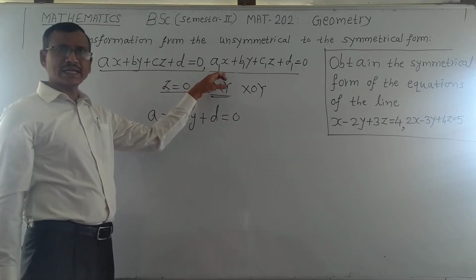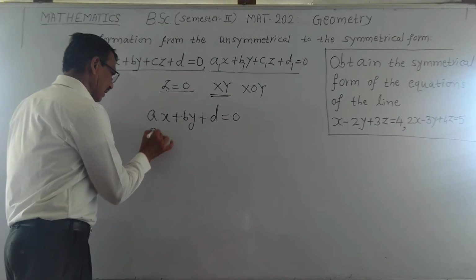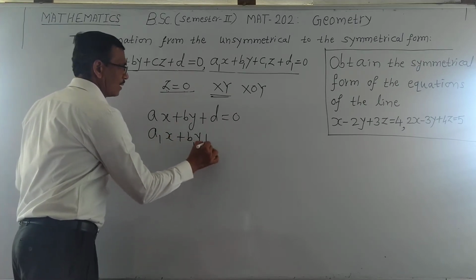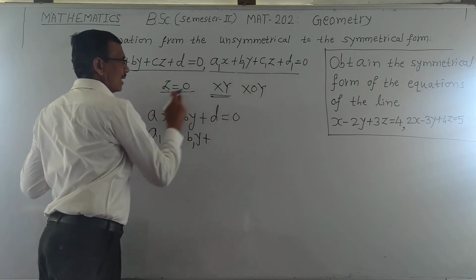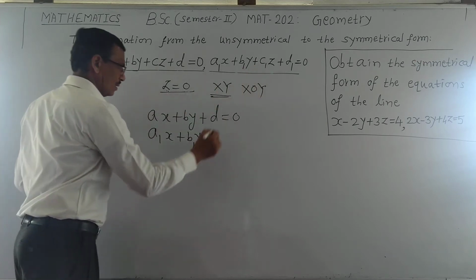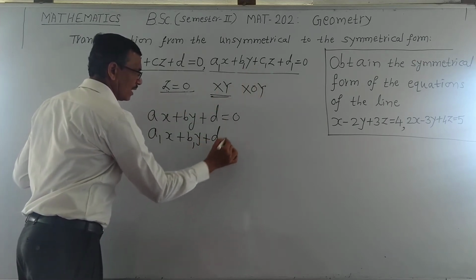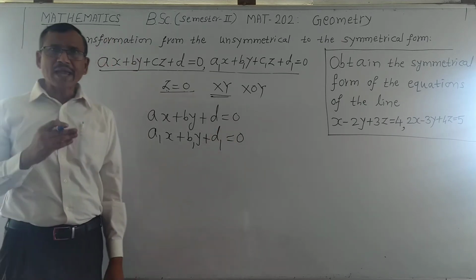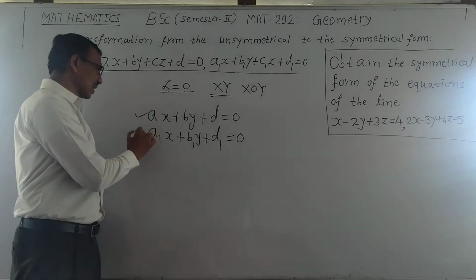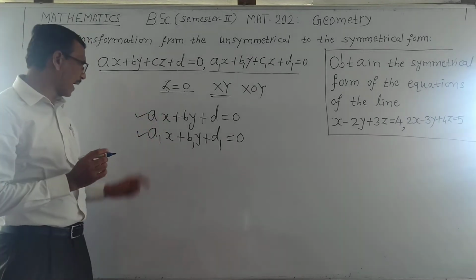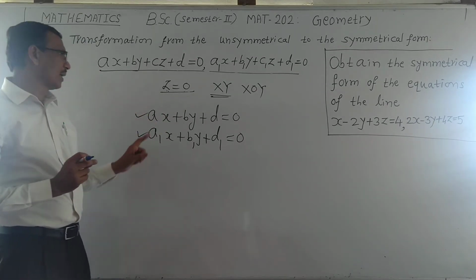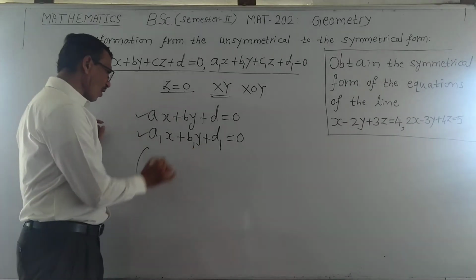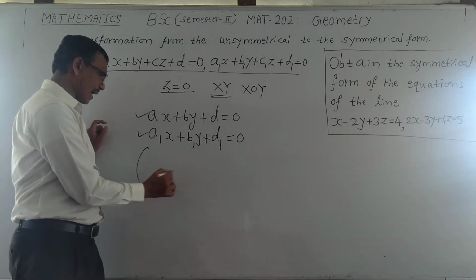And for the second equation of the plane we get A1X plus B1Y plus C1Z, but Z is equal to 0, so what remains is A1X plus B1Y plus D1 equals 0. Now you can solve these two equations simultaneously and obtain the values of X and Y.